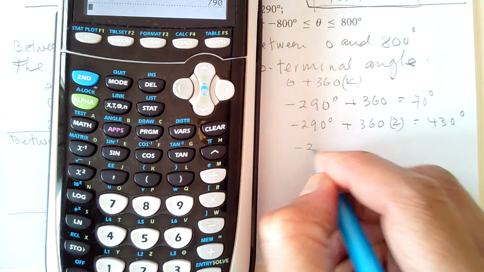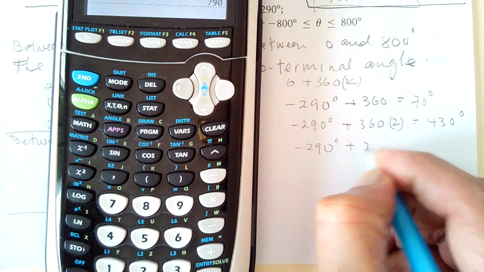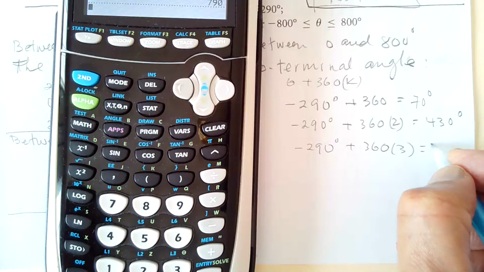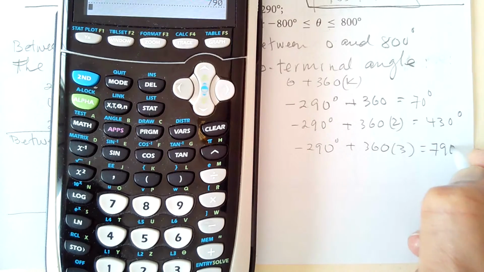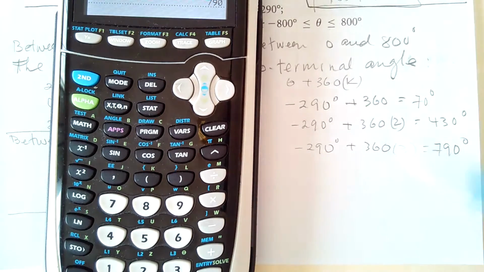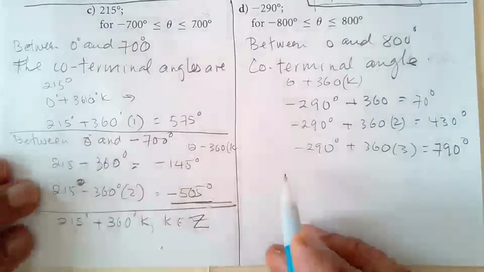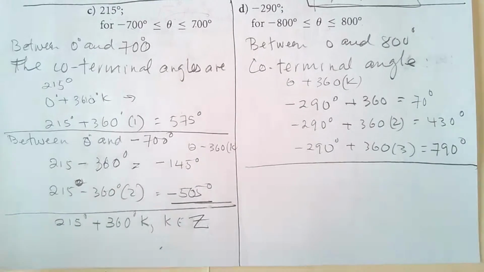So negative 290 plus 360 times 3 is 790 degrees. That's still below 800, but pretty close. We cannot go much further than 790 degrees.